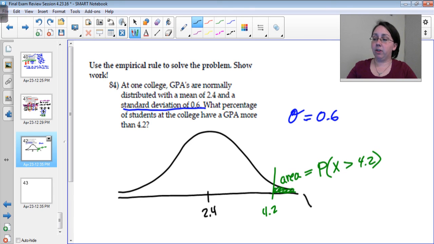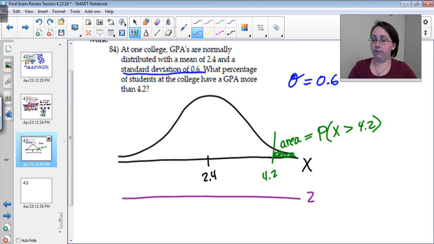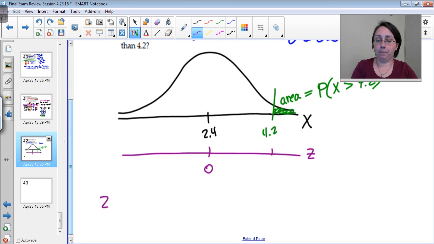All of these values are x values. So we need to change them to z values. What does 2.4 translate to? 0. We just need to do 4.2. How do you change 4.2 to a z-score? X minus the mean, divided by sigma.